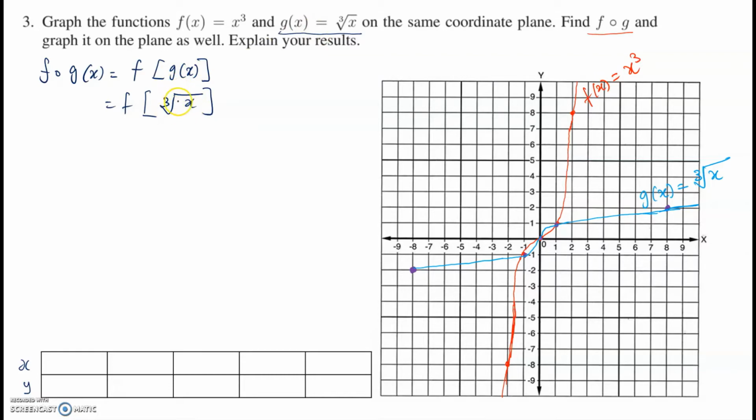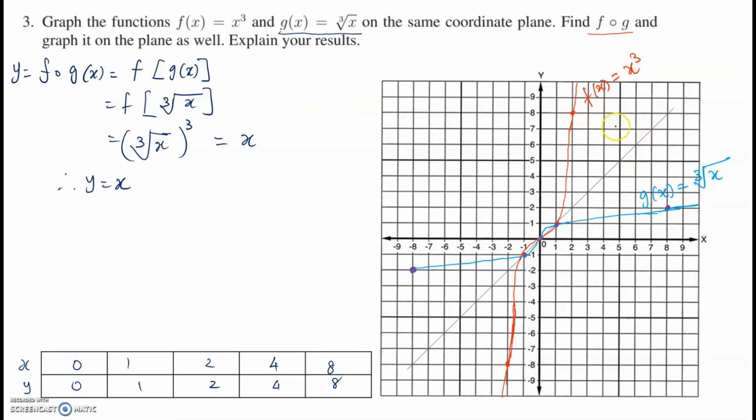So f of cube root of x will be equal to cube root of x to the whole power 3, which is nothing but x. Therefore, if this is equal to y, y is equal to x is the function. So if your x is 0, y is 0, 1, 1, 2, 2, 4, 4, 8, 8. Therefore your line would look something like this.